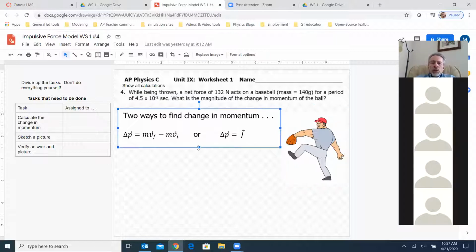What I need to review with you is that there are 2 ways that you can find the change in momentum. You can either find the impulse, which again is the area of a force time graph, or you could figure out the change of momentum by doing mass times final velocity minus mass times initial velocity. It just depends upon what you know, okay? So we're going to be whiteboarding problem number 4.